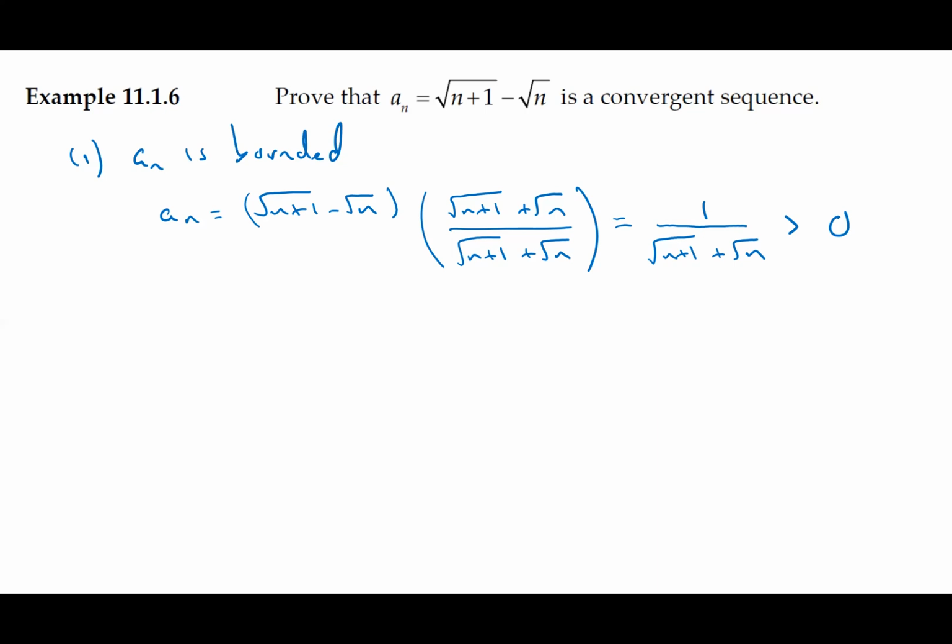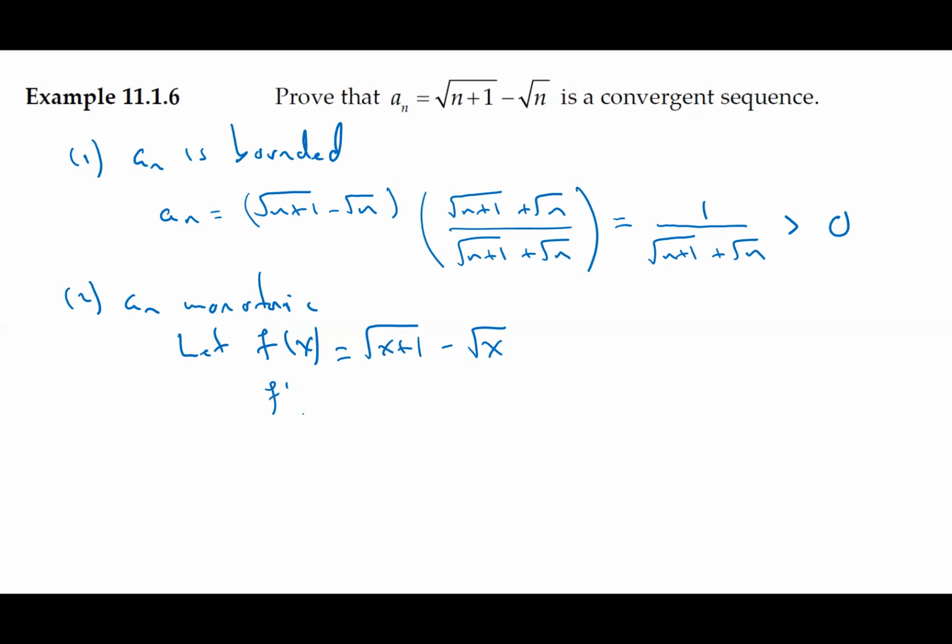Now, is a_n monotonic? Well, how do you decide if something is increasing or decreasing? Oh, well, we have something we can use for that. How about we take the derivative? Let f of x equal the square root of x plus 1 minus the square root of x.